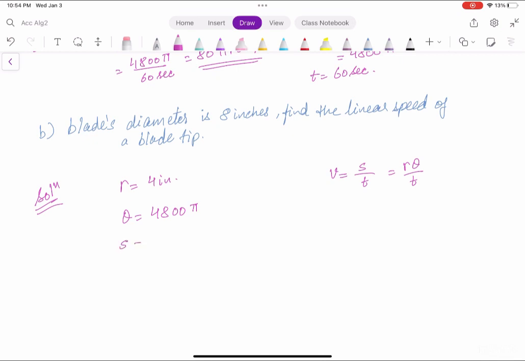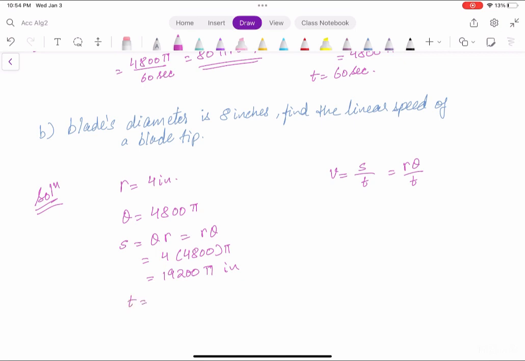So s will be 4 times 4,800 pi, that is 19,200 pi inches.